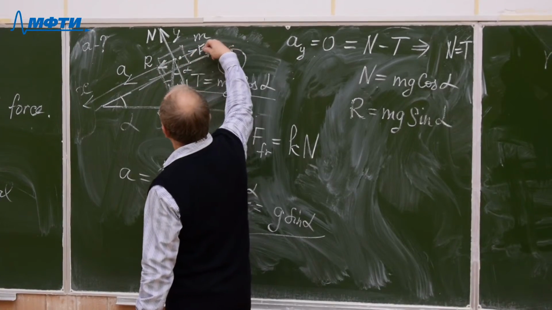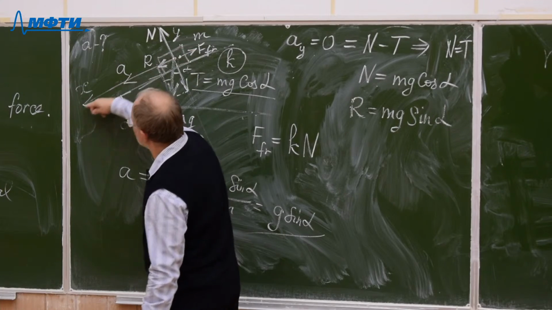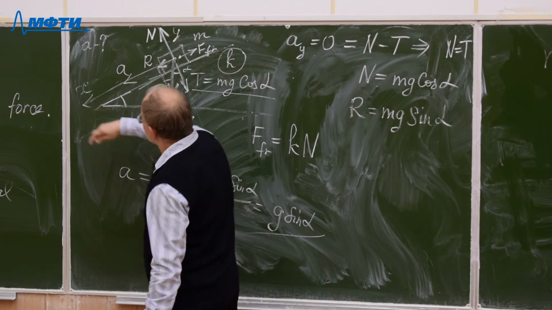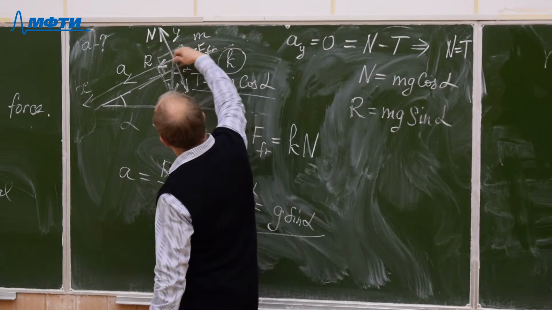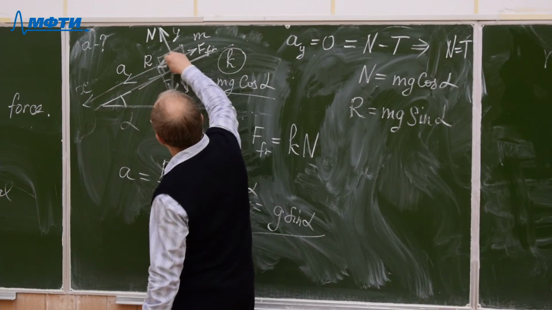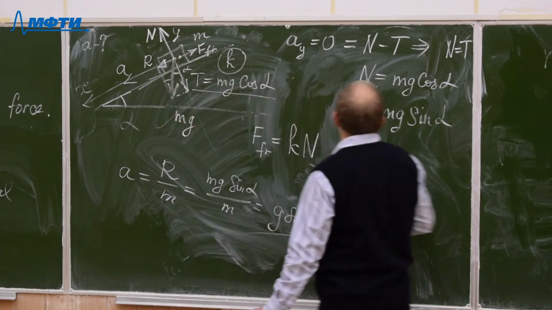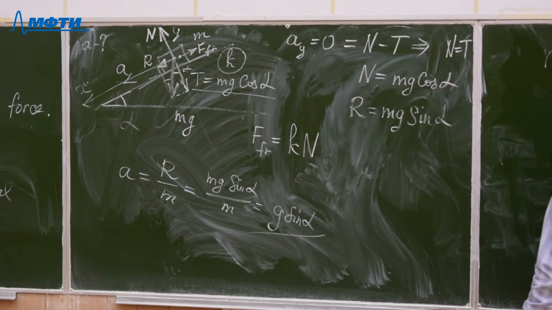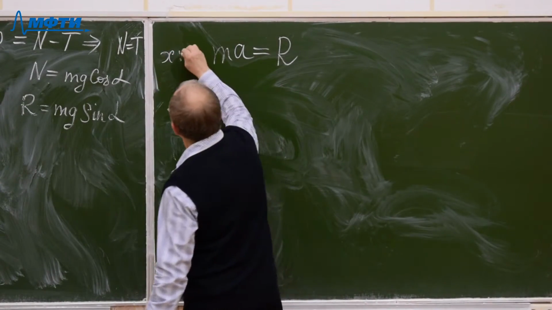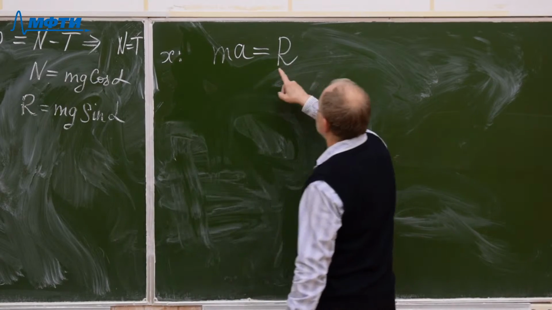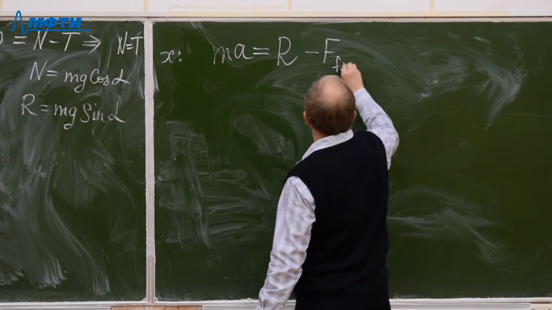If the positive direction of all the vectors is chosen to be downward along the surface of the slope, then all the vectors directed in this direction will be positive, and the force of friction will be negative. So the net force acting along the x-axis will be R minus the force of friction.